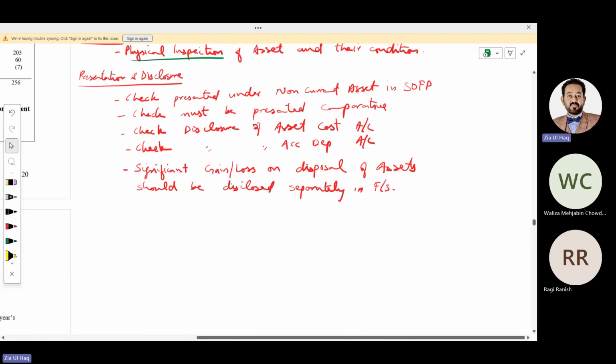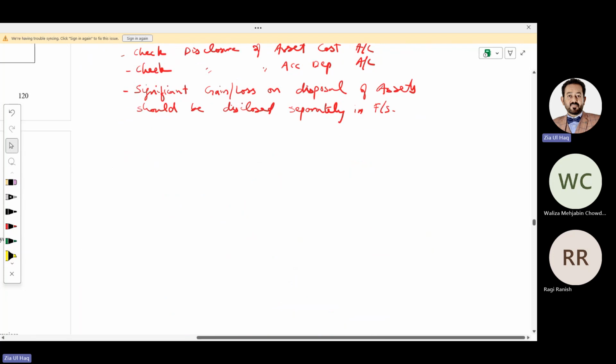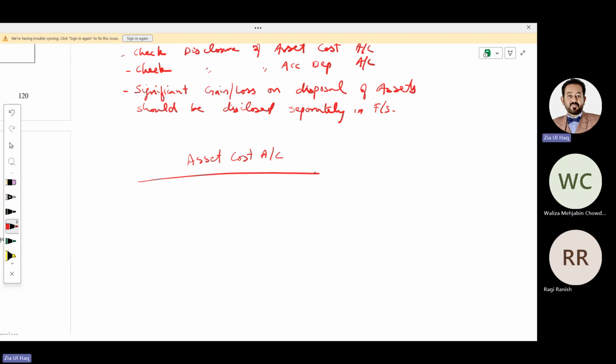Can we revise the accounting for non-current assets? The company needs to prepare an asset cost account. The company needs to prepare an accumulated depreciation account.